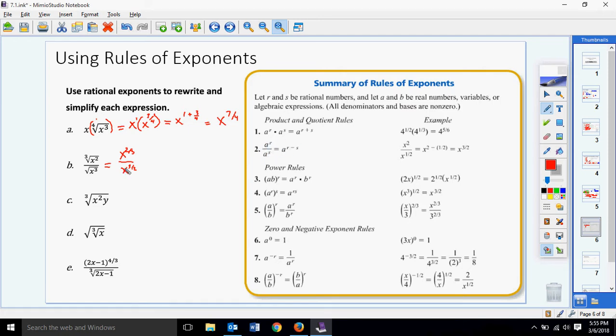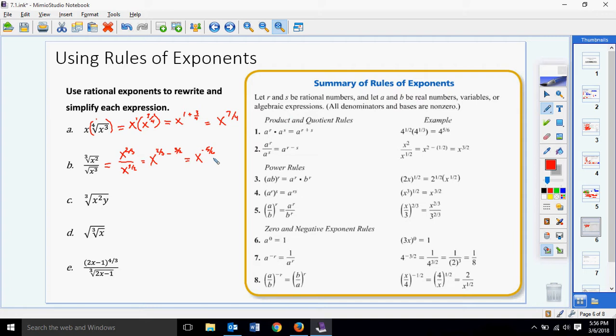They have the same base of x, so I'm going to subtract my exponents. My top exponent, 2/3, minus my bottom exponent, 3/2. 2/3 minus 3/2, to spare you the time of typing it into your calculator, is negative 5/6.